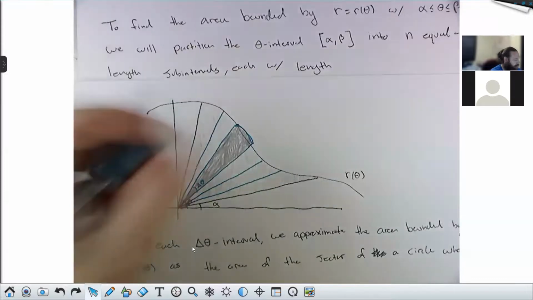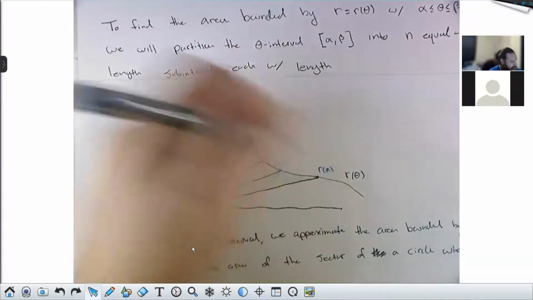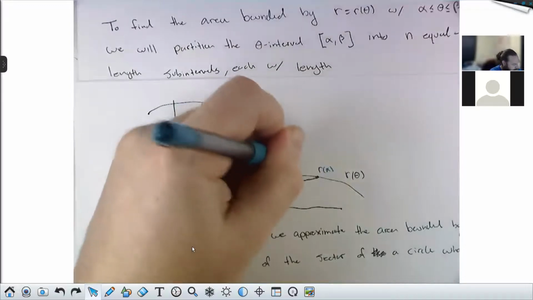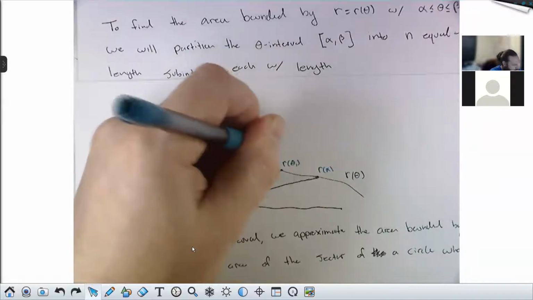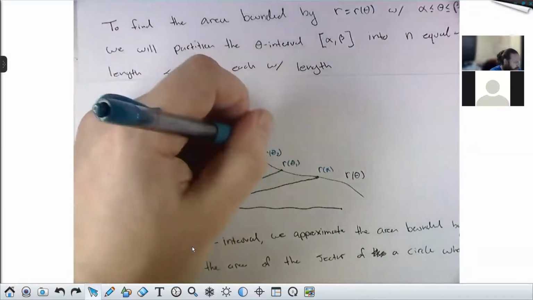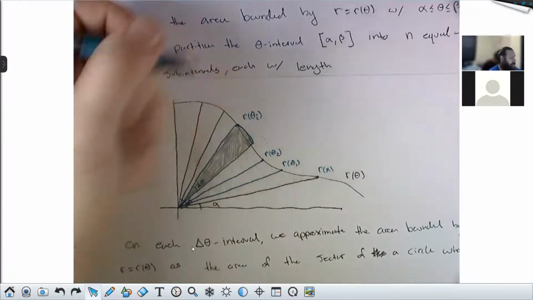So I would call this R. This is R of alpha. This is R of, call it theta 1. This is R of theta 2. And in general here, I'll call this R of theta I, right?